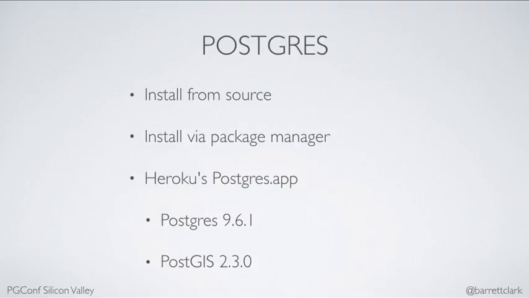If you're on a Mac, you can use Heroku's Postgres app and get the most current version of Postgres, 9.6.1, and the most current version of PostGIS for free without having to do any extra installation. The dependencies for PostGIS are pretty big and kind of a pain to deal with, at least with Homebrew. And so I would definitely go the Postgres app route on OS 10.